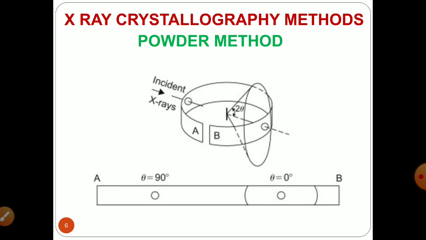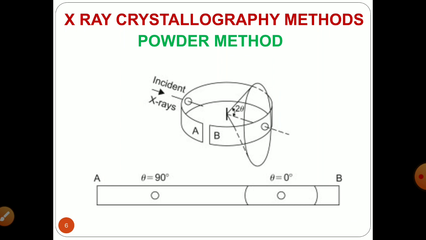So the angle between the direct X-ray beam and the reflected ray is your 2 theta, because in the powder method you are having a combination of oriented crystals, a collection of crystals, so every incident ray will have some possible reflecting planes.